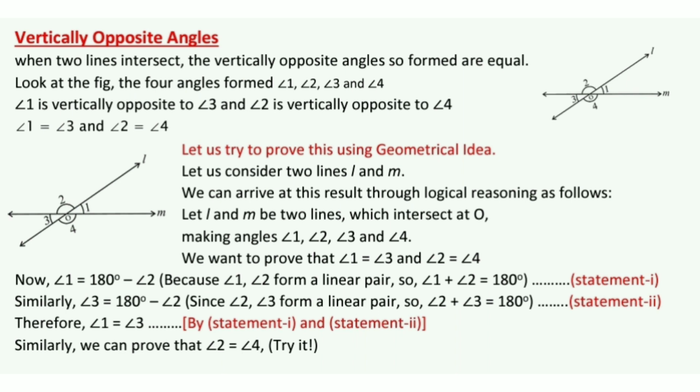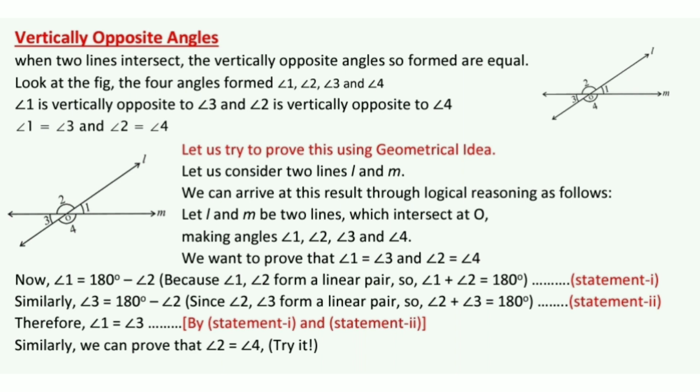Now let's try to prove this using geometrical idea. Please see the diagram. Let's consider two lines L and M. We can arrive at this result through a logical reasoning as follows. Let L and M be two lines which intersect at O, making angle 1, angle 2, angle 3 and angle 4.